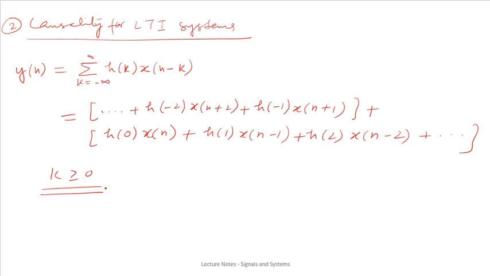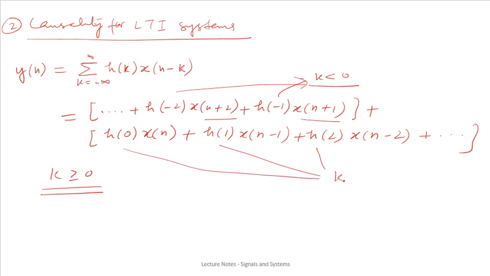Whereas the future values of the input, that is x[n plus 1], x[n plus 2], are associated with the terms where k is less than 0.